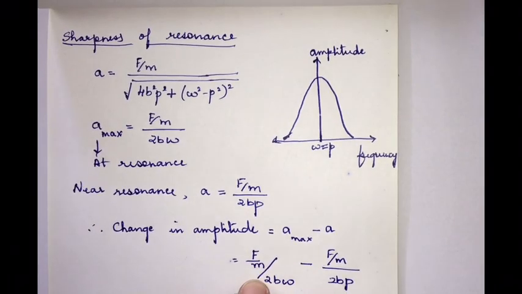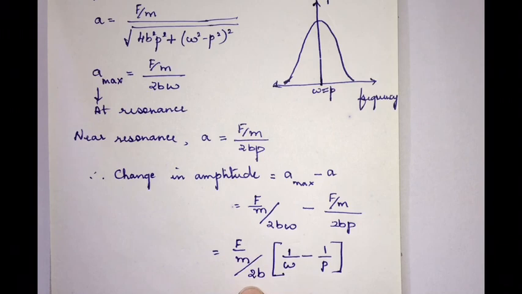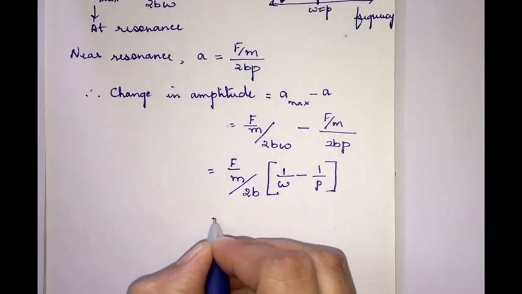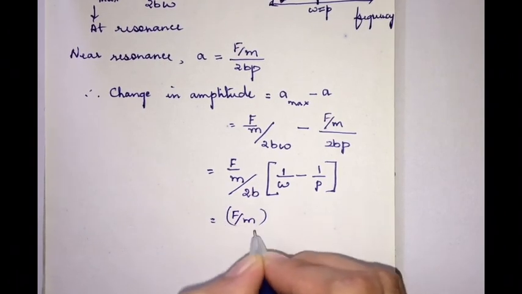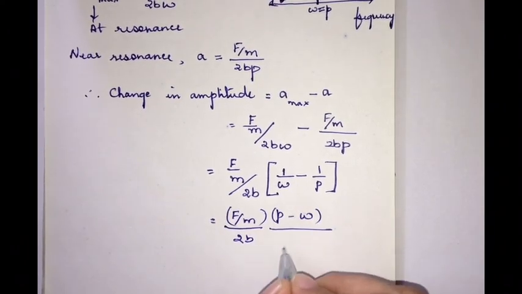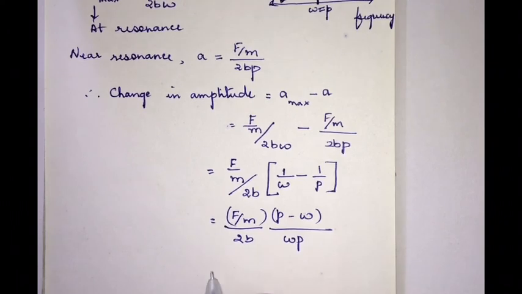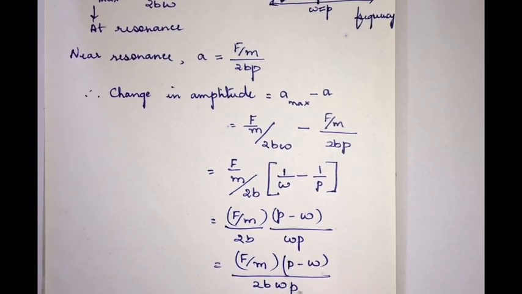Here F by m is common and 2b is also common, so I can write this as F by m by 2b into 1 by omega minus 1 by p, or on further simplification, F by m by 2b into p minus omega by omega p, that is F by m into p minus omega by 2b omega p.